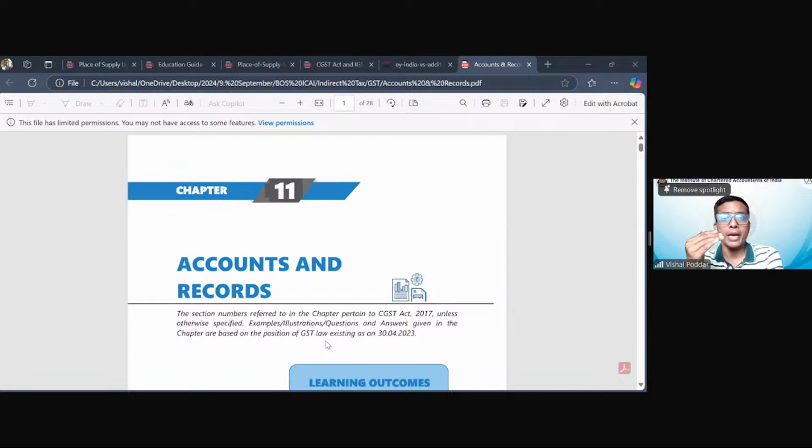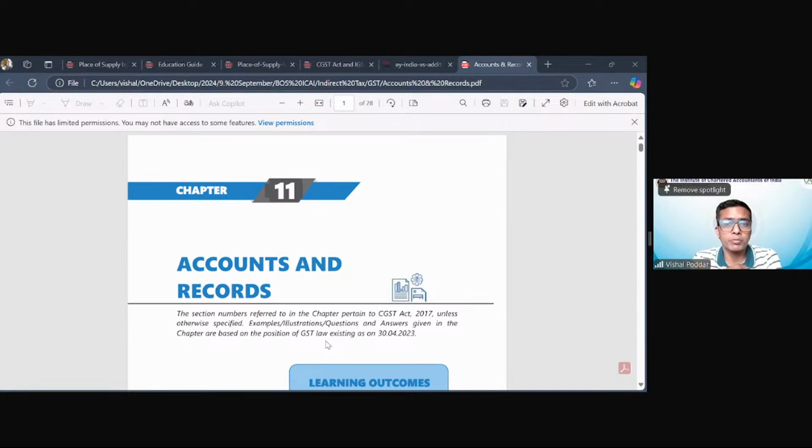And I become a registered person from today because I did not apply in 30 days, so my registration application was late. So the law says the effective date is the date on which you get the number. Now, the question is that when I am registered from today, can I give an invoice which is for supplies made prior to this period?